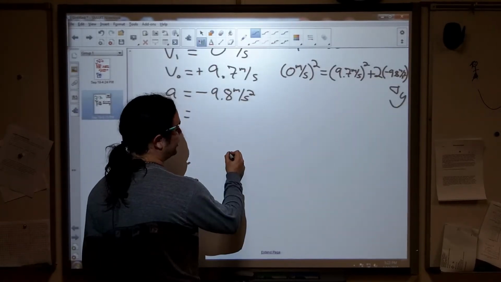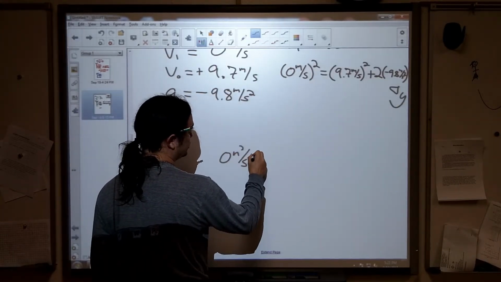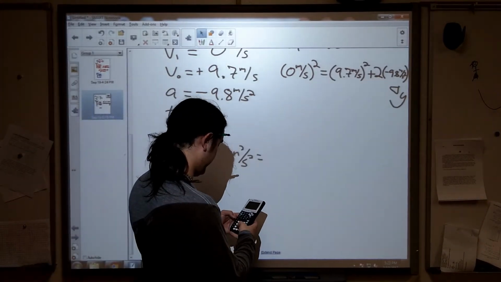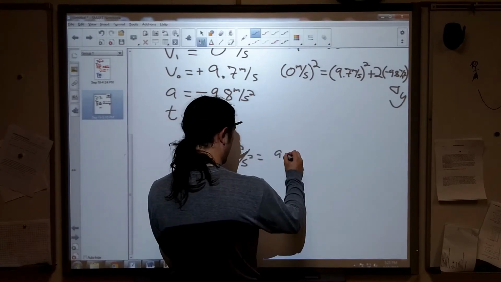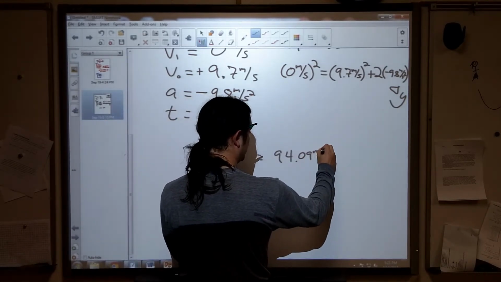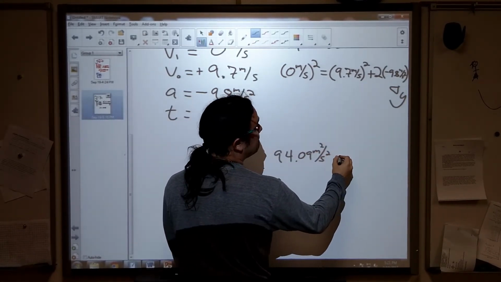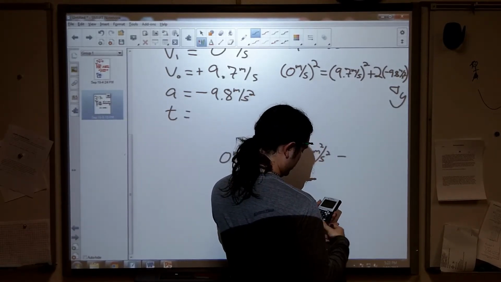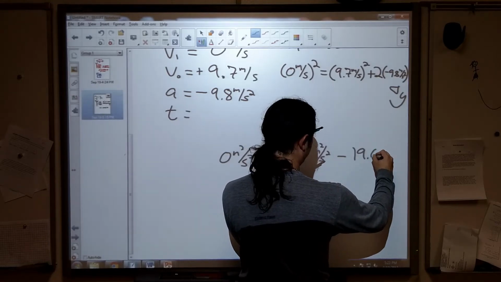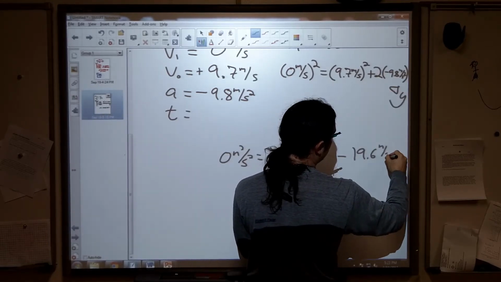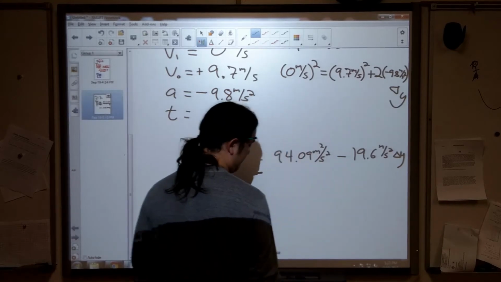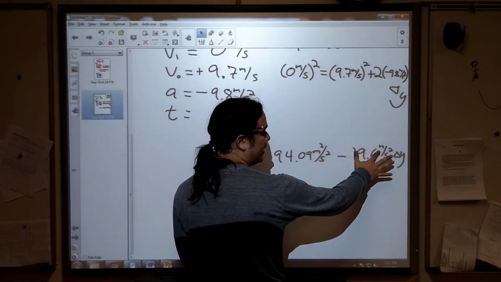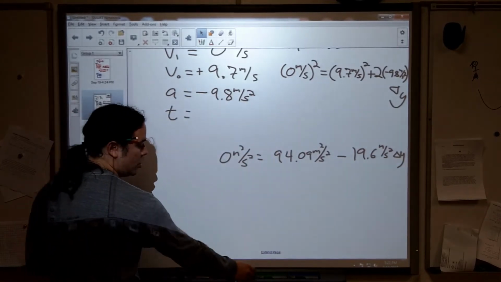All right, well, we end up with 0 meters squared per second squared equals 9.7 squared, 94.09 meters squared per second squared, minus, let's see, 9.8 times 2, just to be certain, minus 19.6 meters per second squared times delta y. Now, you can do algebra any way you want. I like to get rid of negatives, so I'm going to add this over to the other side.